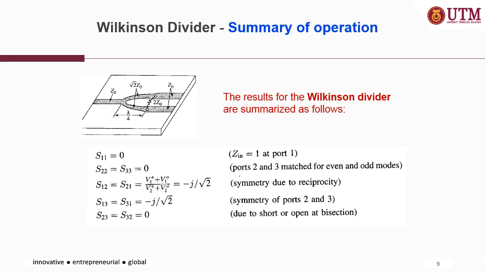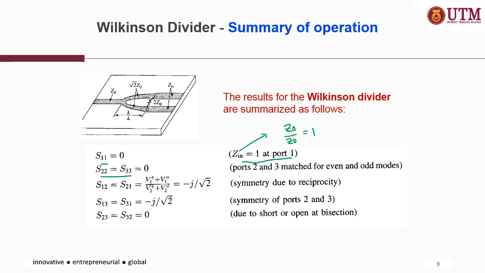Okay, in summary, for the Wilkinson power divider S matrix, if the system is matched, S11 equals S22 equals S33 equals 0. In the case of the normalized impedance, Zin at port 1 equals 1, because Zin here is equal to Z0 divided by Z0, which equals 1.